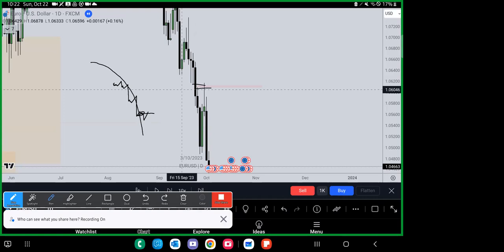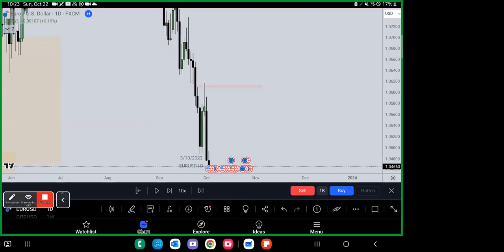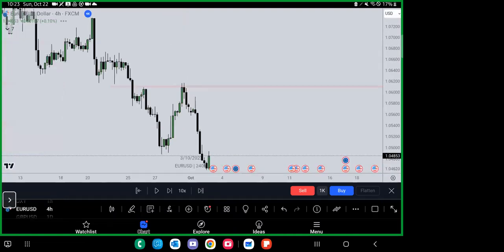If price starts to take out the daily order flow, I need to zoom out to a weekly, because maybe there's a weekly inefficiency resting above that daily candle. Doesn't mean that order flow is completely switched. It's just price is moving to a much higher reference point.